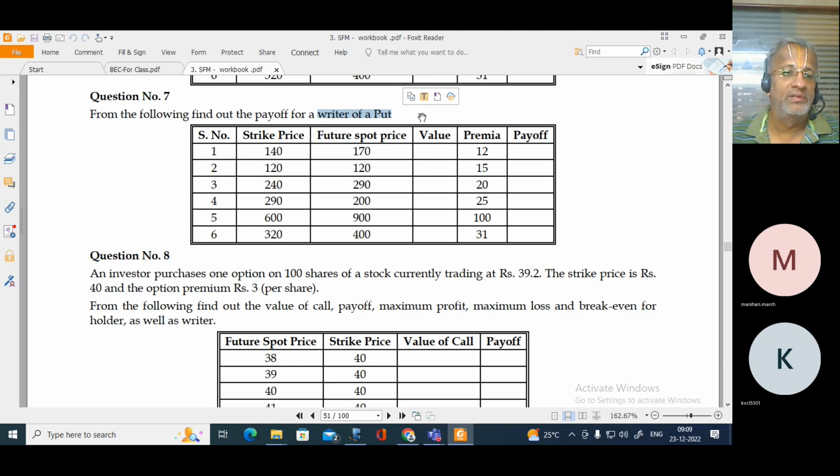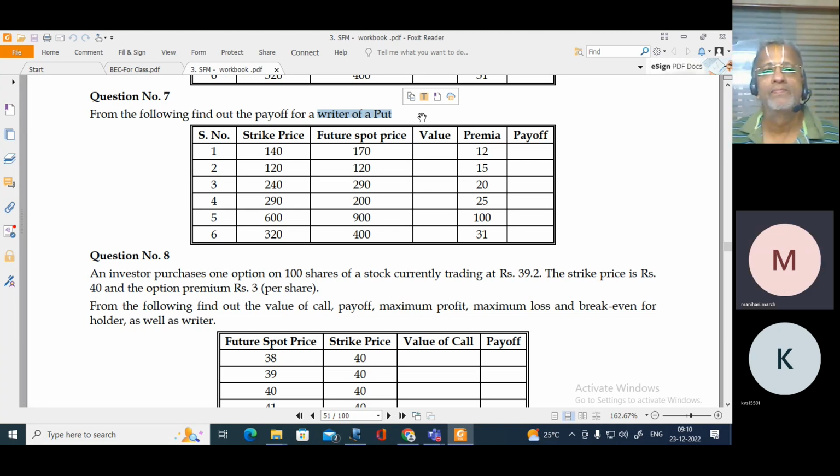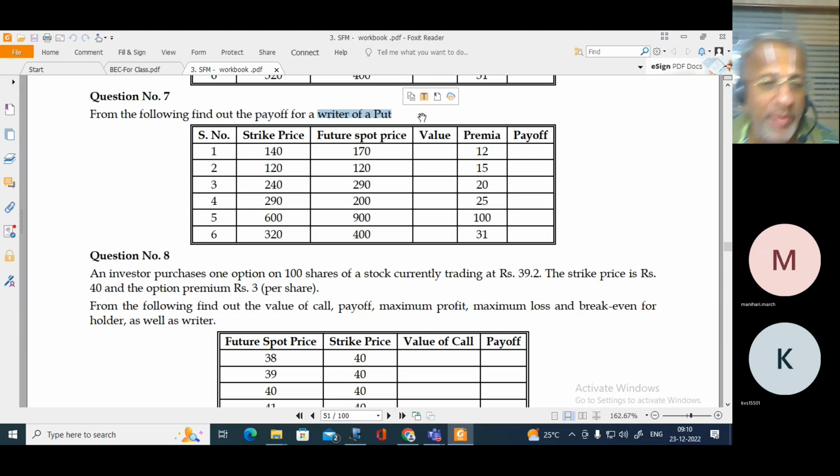Please understand that the put holder will not exercise at all, since the future spot price is greater. It is a scenario where it will not be exercised by the put holder, so it will be 0. 12, plus 12. Agreed? 120, 120, 0, 15 and 15.